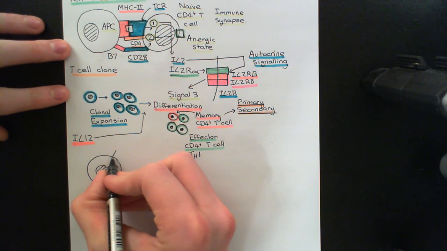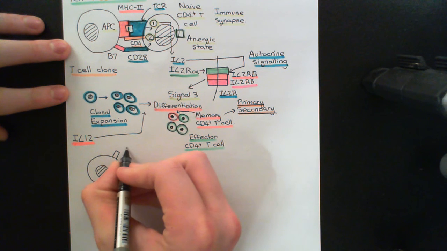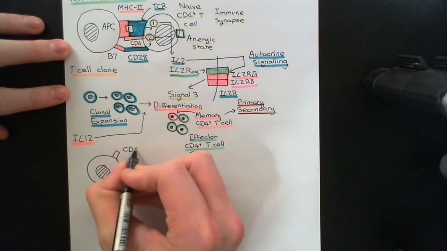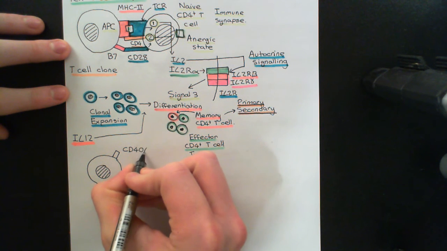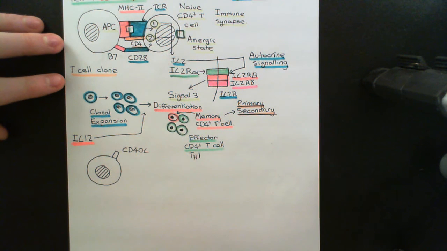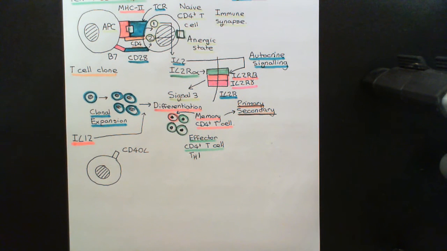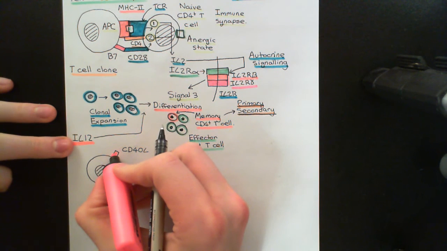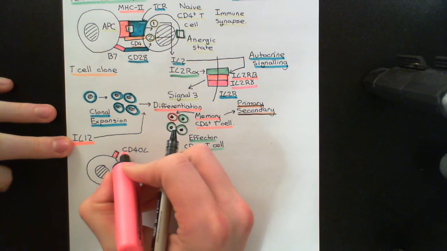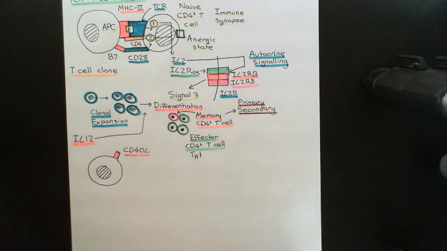And this molecule is CD40 ligand. This is extremely important for the activation of B cells if we're talking about a full humoral adaptive immune response. In the case of Mycobacterium tuberculosis, we're not going to get that full humoral adaptive immune response, and the CD40 ligand on these T helper 1 cells is going to instead be really important for helping macrophages.